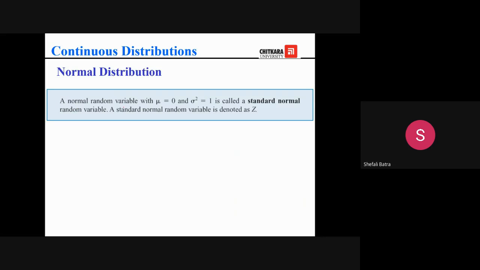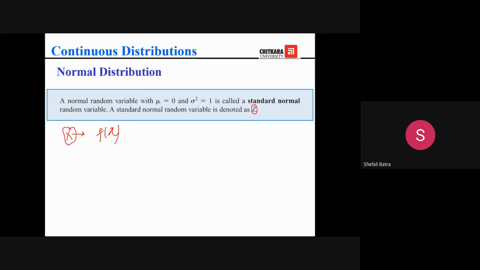The normal random variable with mu equal to 0, that is mean 0, and variance 1 is called a standard normal random variable. And the standard normal random variable is denoted as z. X is your continuous random variable, right? And in that case, you do have a function f(x), which was displayed in the previous PPT.